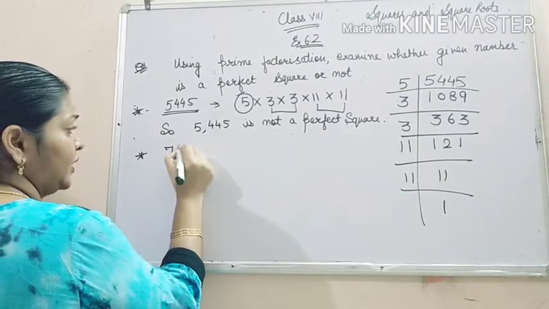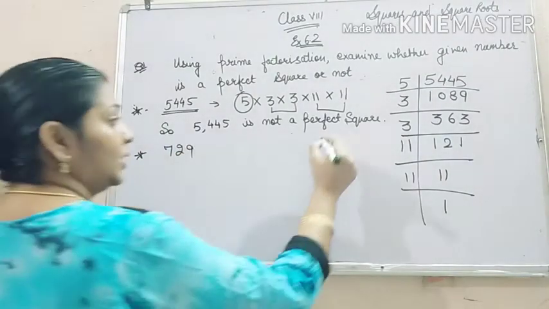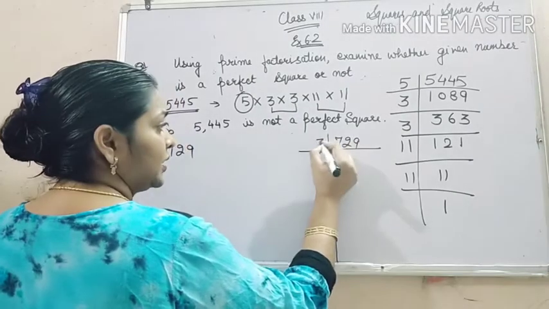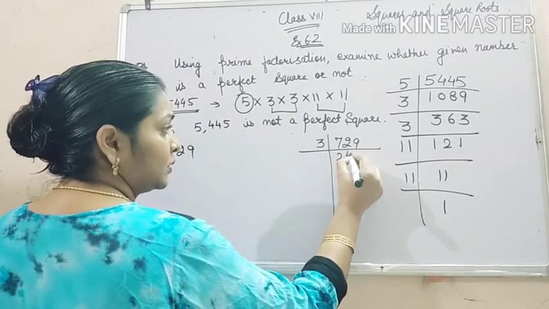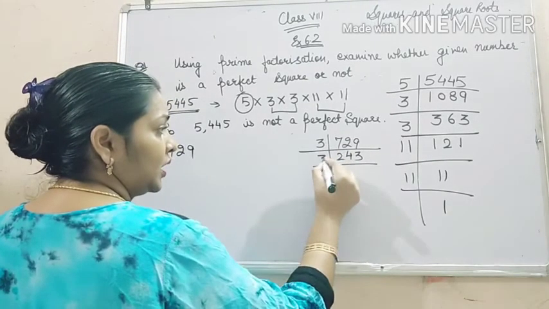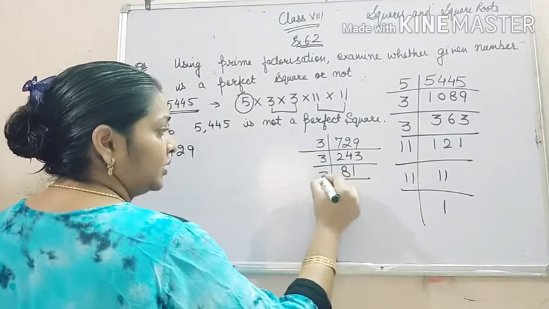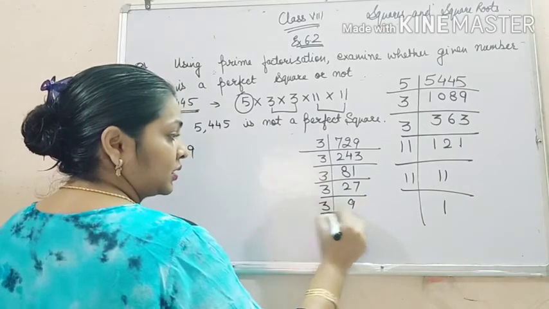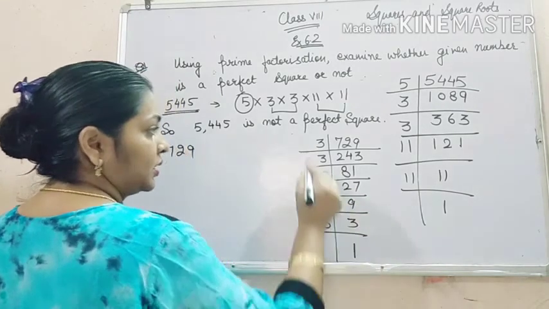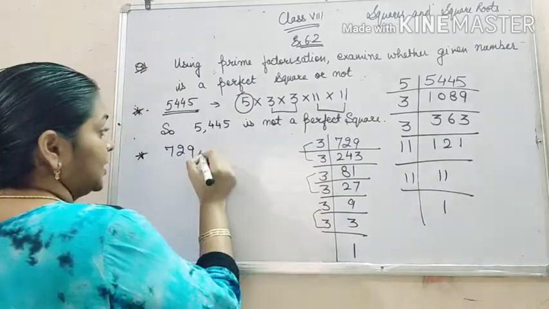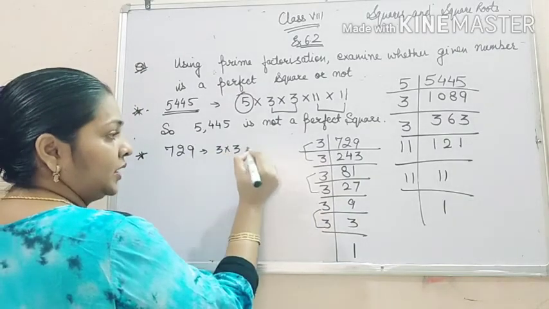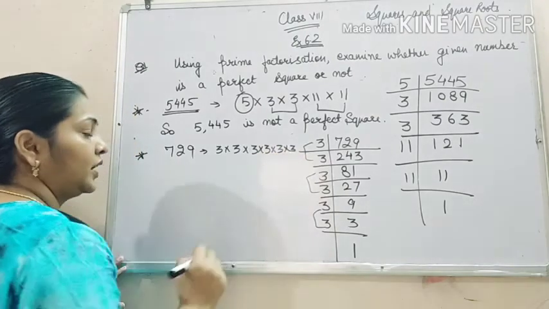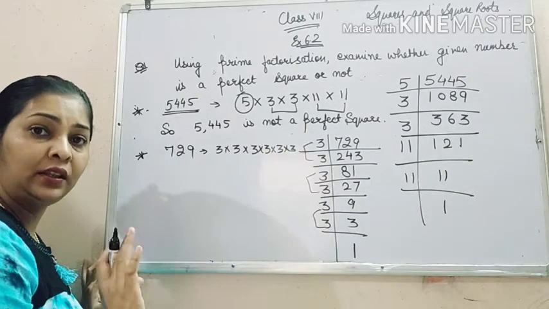Let it be 729. Now do prime factorization of 729. It is divisible by 3. 243, again we will divide it by 3. See, here you can easily see that all the factors of 729 lie in pairs.